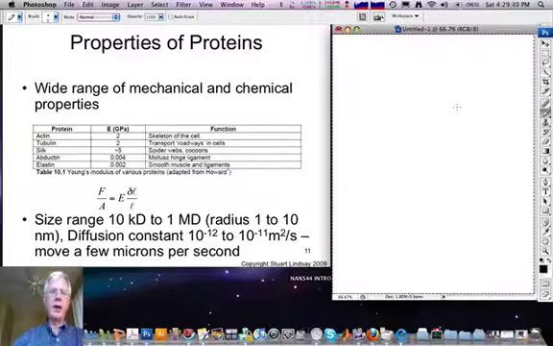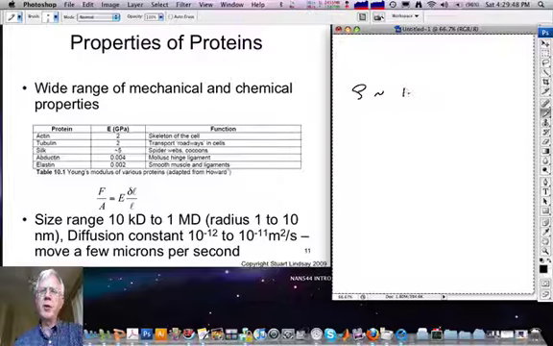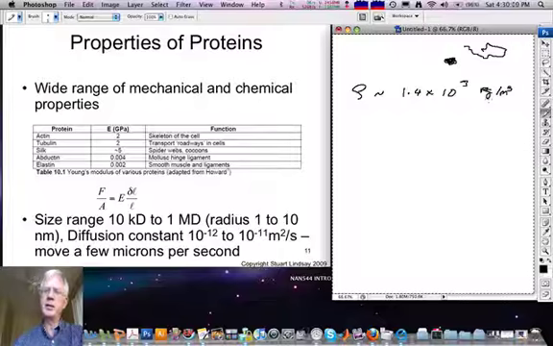I like to begin with the density of a protein, which is typically around 1.4 times 10 cubed kilograms per meter cubed. This would be for a condensed globular protein. Of course, a protein that consisted of many hydrophilic groups might in fact be extended in water and much less dense.